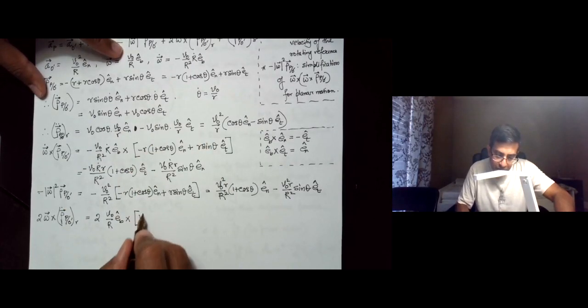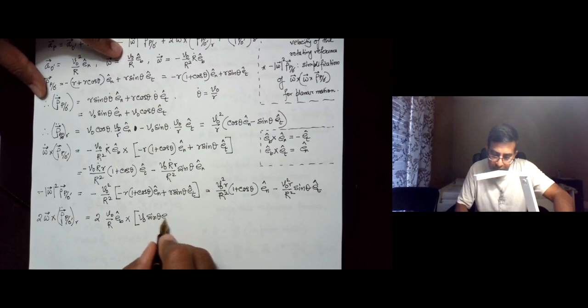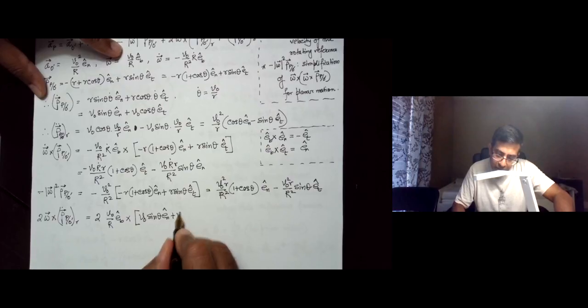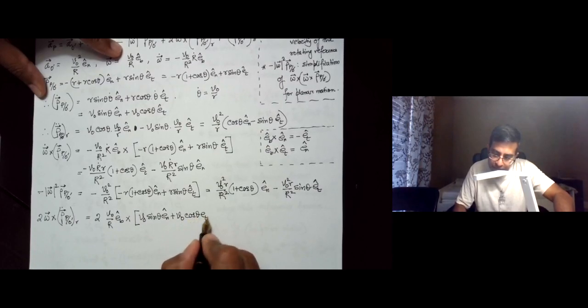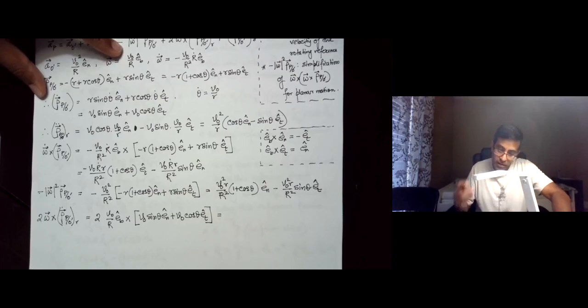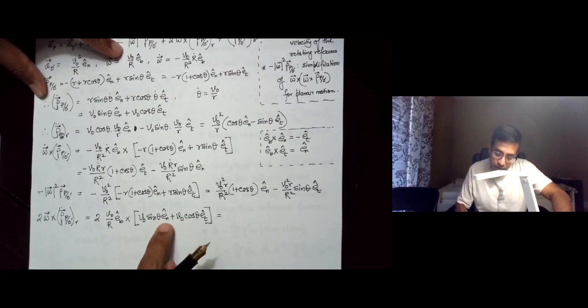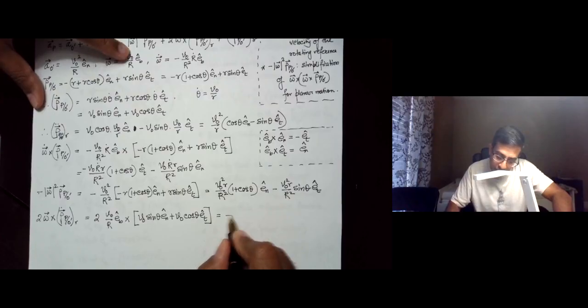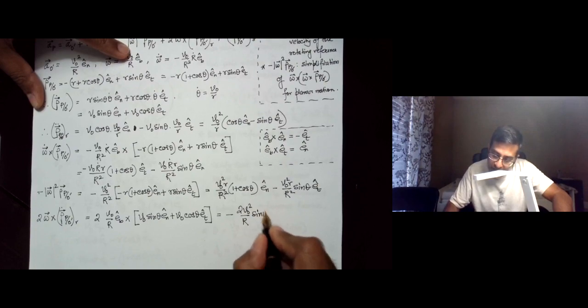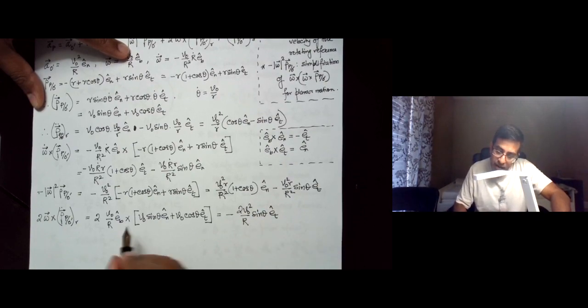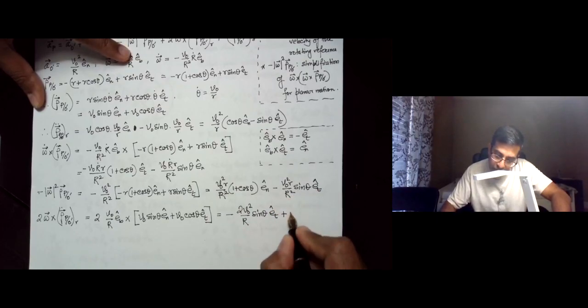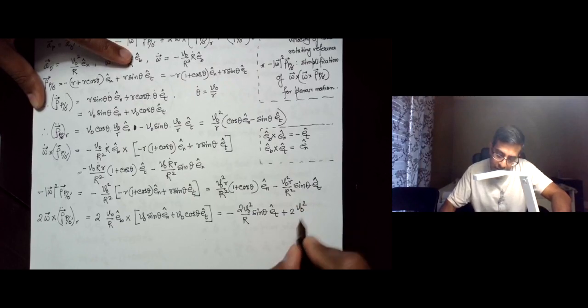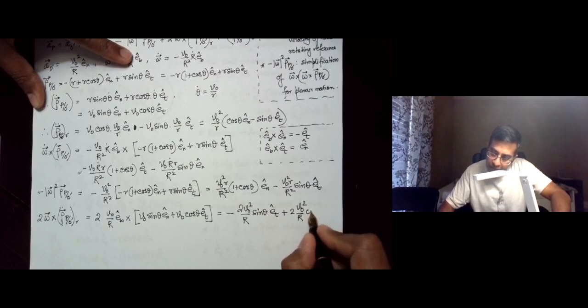So cross V naught sine theta En plus V naught cosine theta Et. So EB cross En is minus Et, so we are going to have minus 2 V naught squared over capital R sine theta Et, and EB cross Et is En, so we are going to have plus 2 V naught squared over capital R cosine theta En.